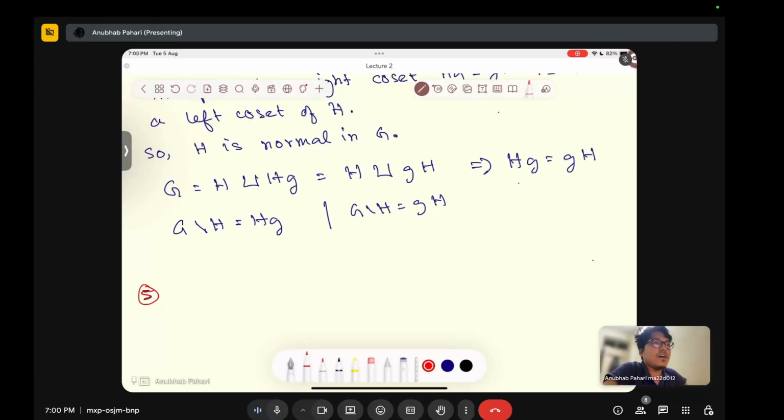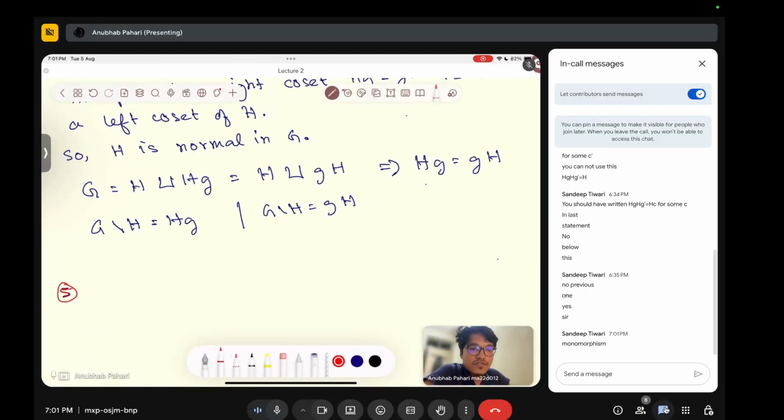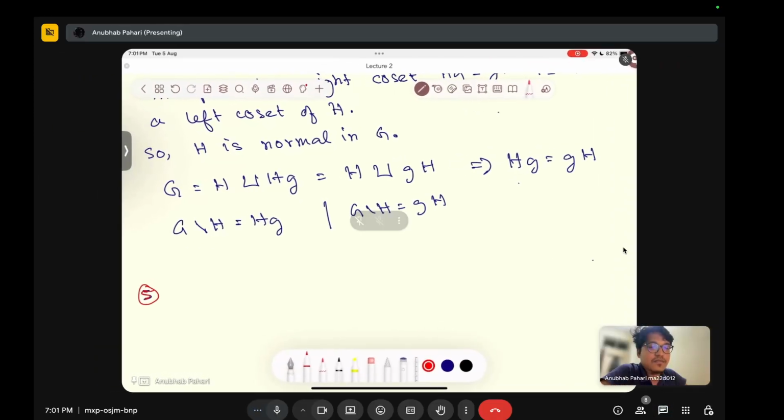Group homomorphism and group automorphism, like injective morphism, surjective morphism, those have not been done yet, right? Sir, I did not attend the last lecture, so is there any recording available? In lecture one it was not there. Monomorphism has been done. So they should have done epimorphism also.